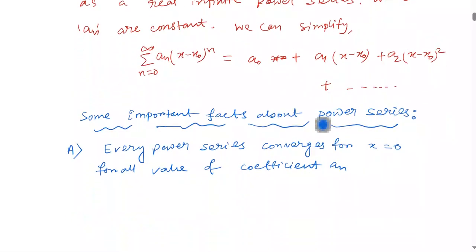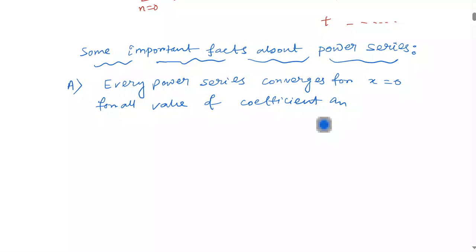That is what we can say, a power series converges for x equal to 0 for all values of the coefficient a_n.